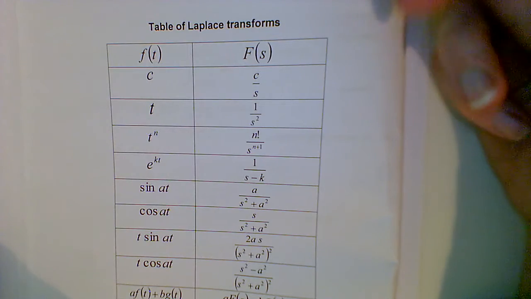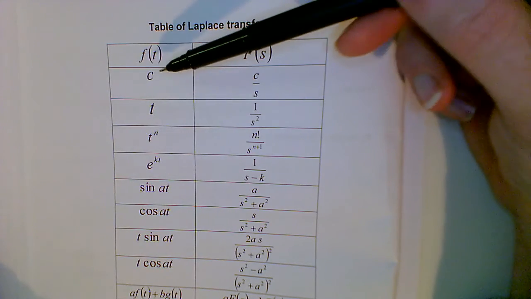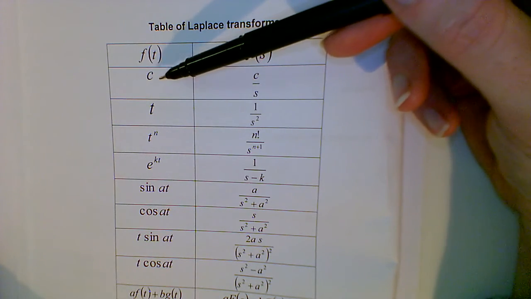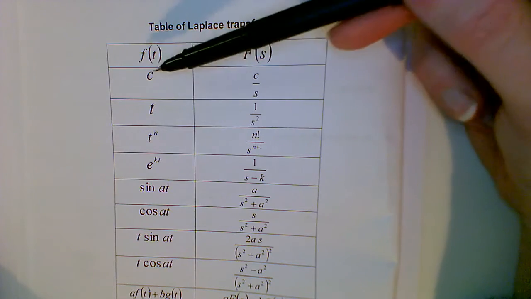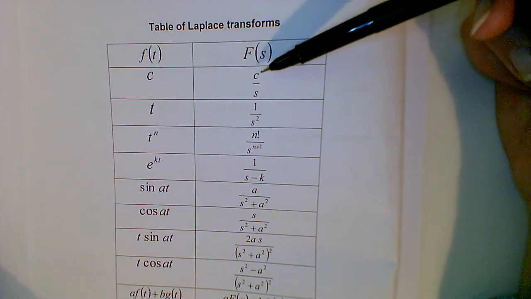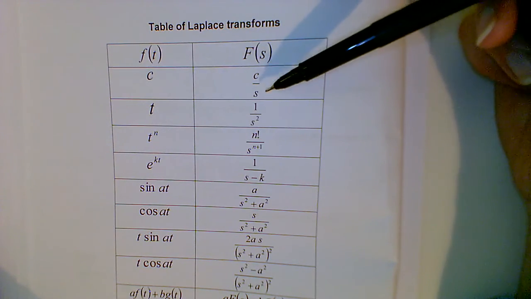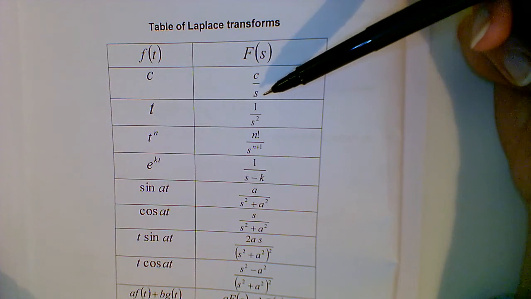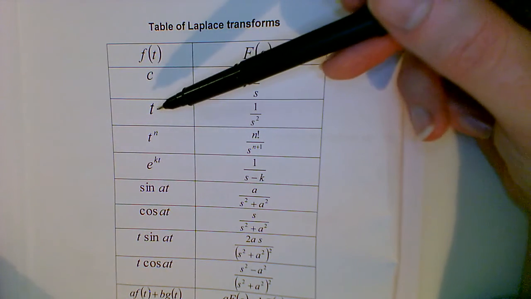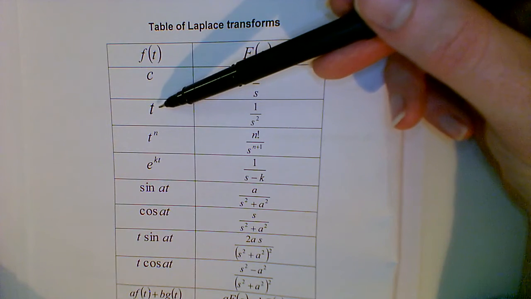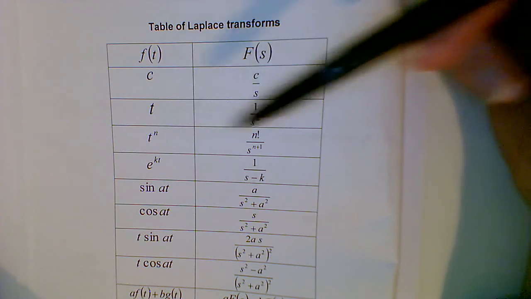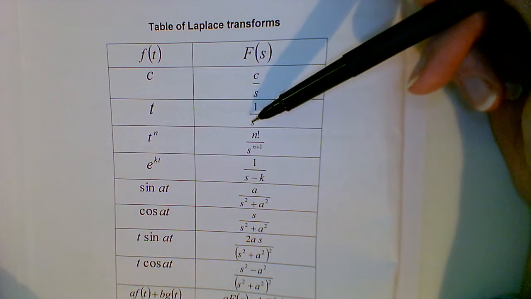Right, so just as we worked out, if you have a constant, a number, so 5, 6, 7, whatever, the Laplace transform of that is that number over S. Right, if you got to find the Laplace transform of t, that's just 1 over S squared.